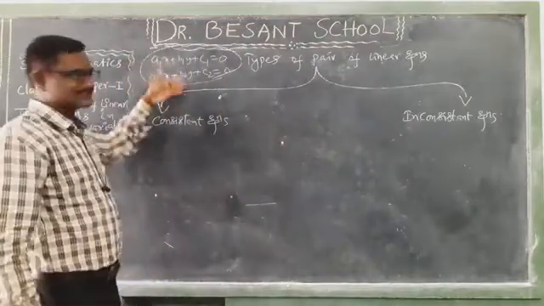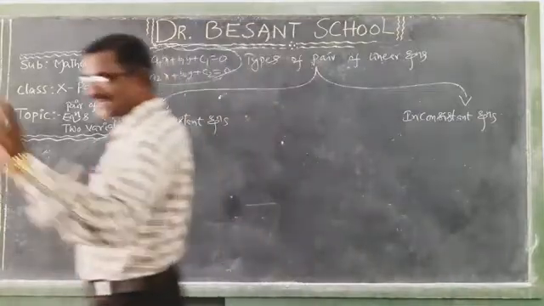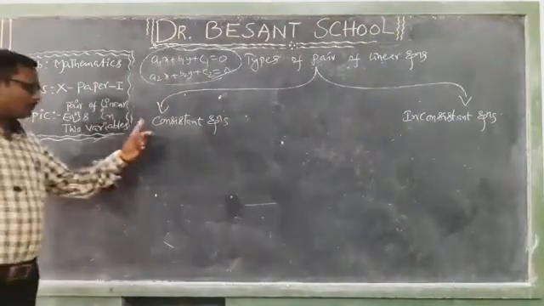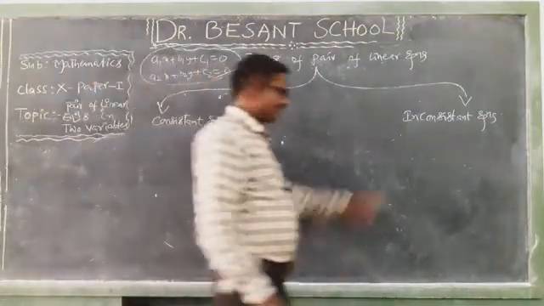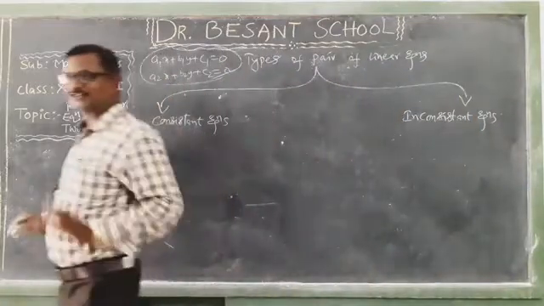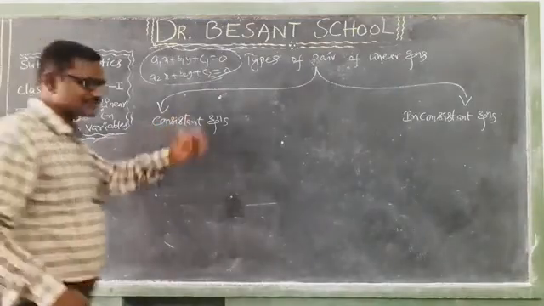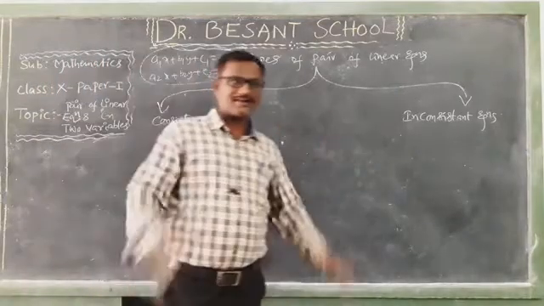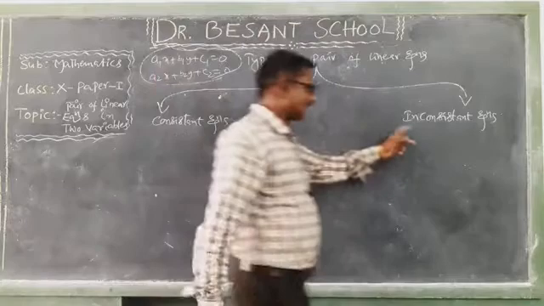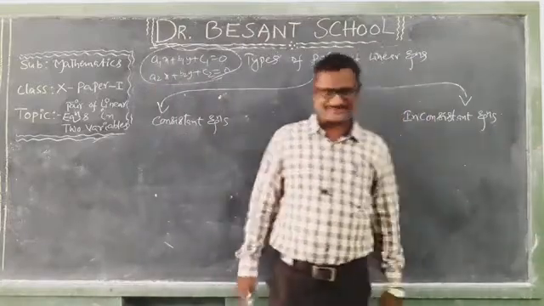This system is called a pair of linear equations in two variables, and these are classified into two types: consistent equations and inconsistent equations. The equations which have a solution are called consistent equations. The equations which do not have a solution are called inconsistent equations.